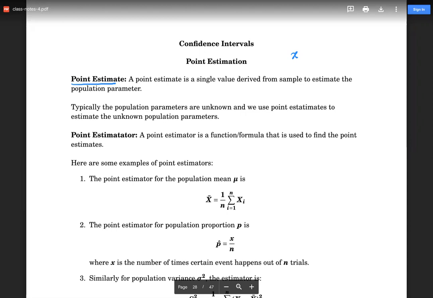What is the average number of hours Americans watch on the screen? You are not going to ask 270 million people and find out what each of them do and then find the average. What do you do? You take a sample of, let's say, 100 or 1000, and you find the X bar. And that X bar is called point estimate.